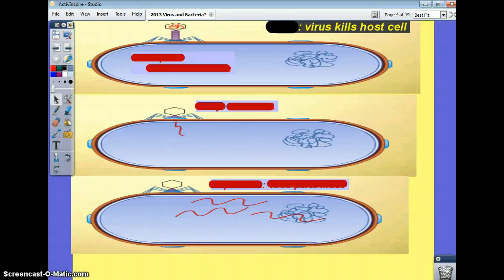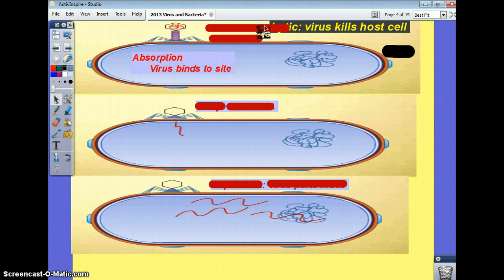So what's the first thing that happens in the lytic cycle? Before that, the virus attaches itself to the host cell, and this is called absorption. So you can put virus attaches to host cell.